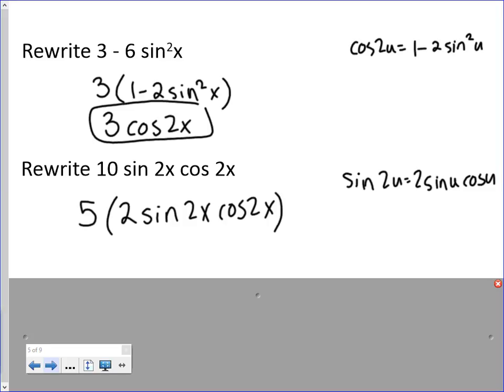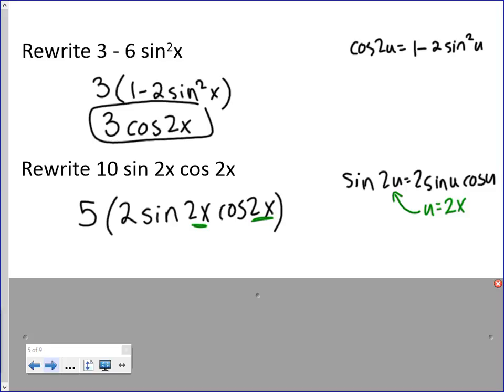Instead of being sine x and cosine x, they're sine of 2x and cosine of 2x. So that means over here, our u was equal to 2x. So when you put u into the sine of 2 times u, it's really the sine of 4x. So you've got to be on the lookout for things like that.